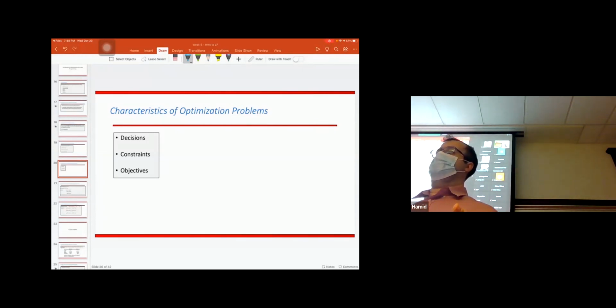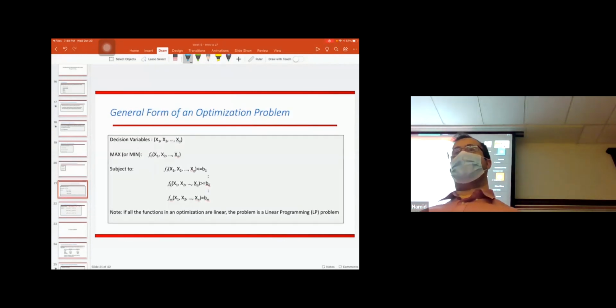Even for manufacturing, maybe you could maximize the output. For most decisions in your life, you try to maximize your goals or minimize your costs. Don't freak out, but this is what you learn at the end of this course.